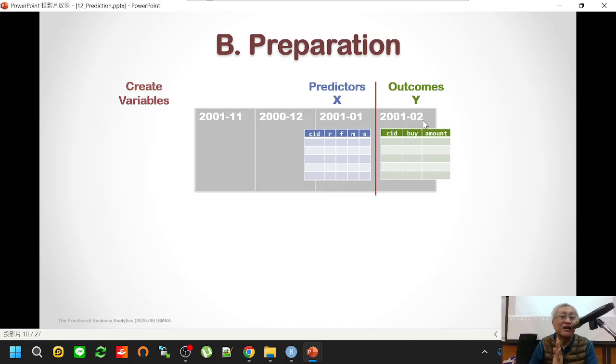If I have the data in February, now for each of the customers, I can tell whether he will buy or not, right? For those people who buy in February, I will set this buy to 1, otherwise it is 0, right?